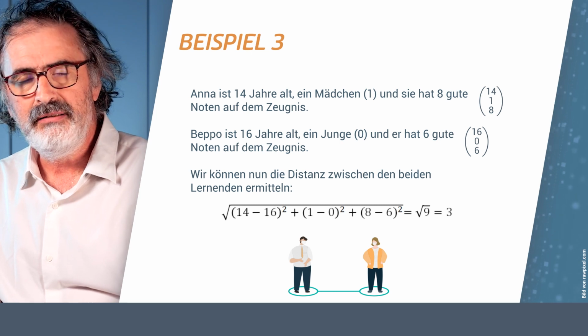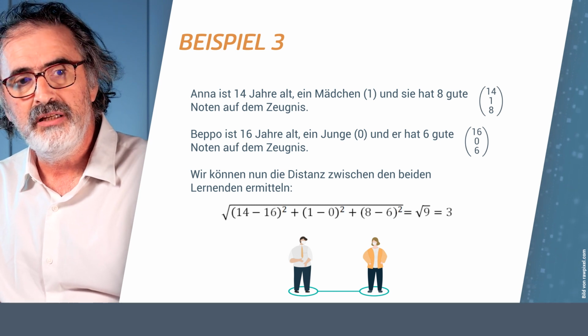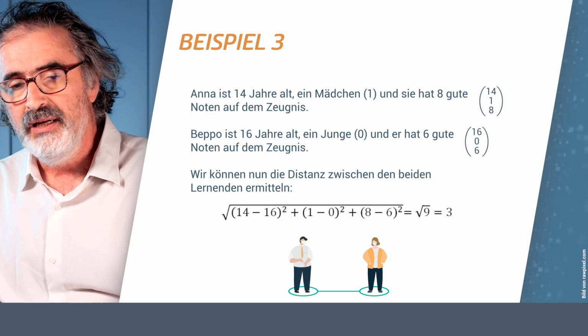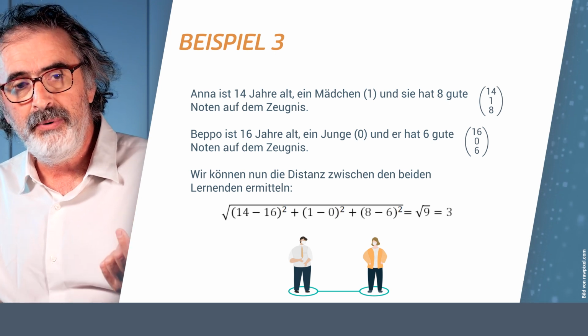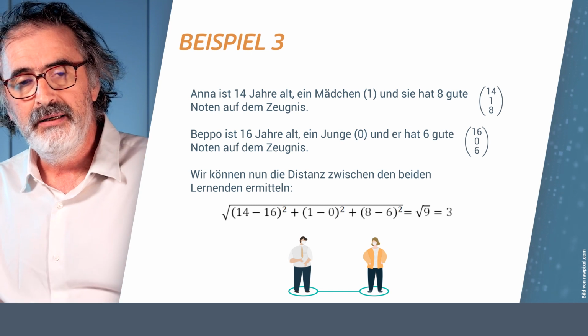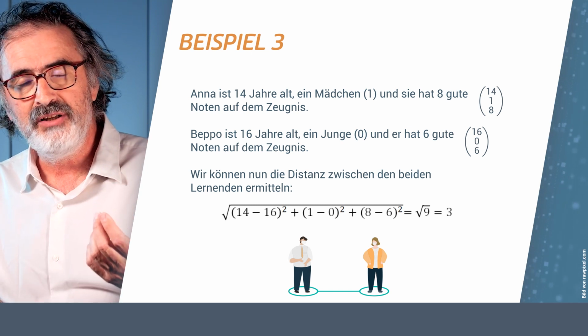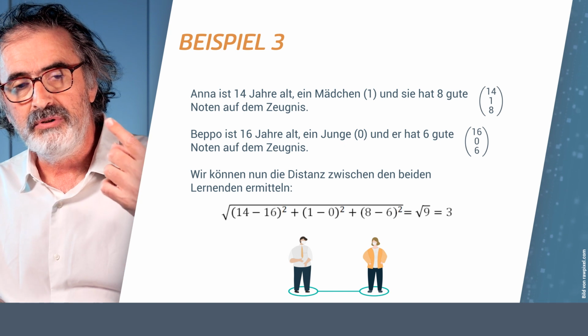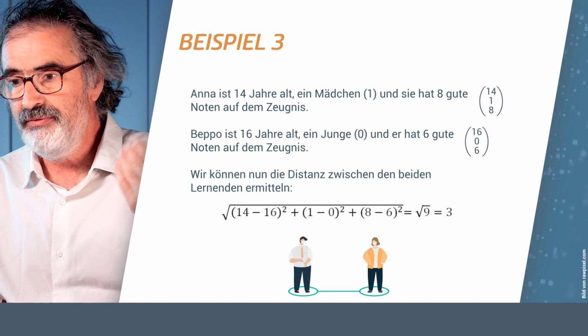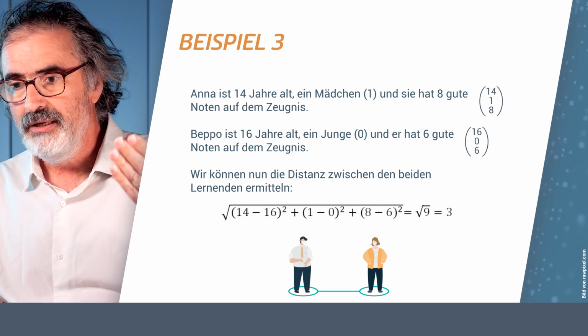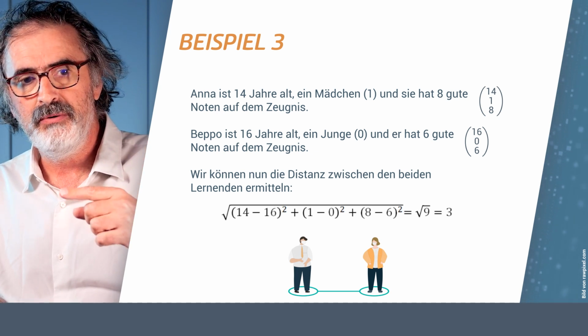If I decide that the value 1 is associated to girl and the value 0 is associated to boy, I now have a vector for Beppo and a vector for Anna. And as in the previous example, I can now compute the distance between the two vectors, which actually is going to be, for this application, the distance between Anna and Beppo.